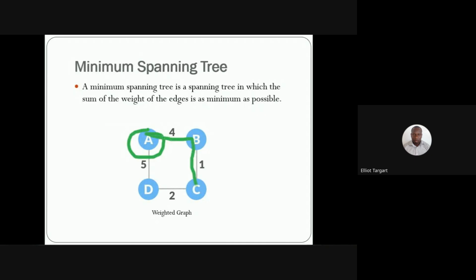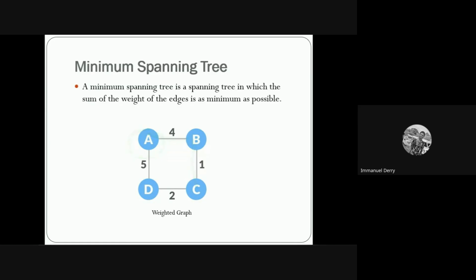But when I pass through A to D, that one is 5, and D to C is 2, so that one is 7. 5 and 7, 5 is less, so I'll pass through A, B, and C. Okay. All right. Thank you so much.